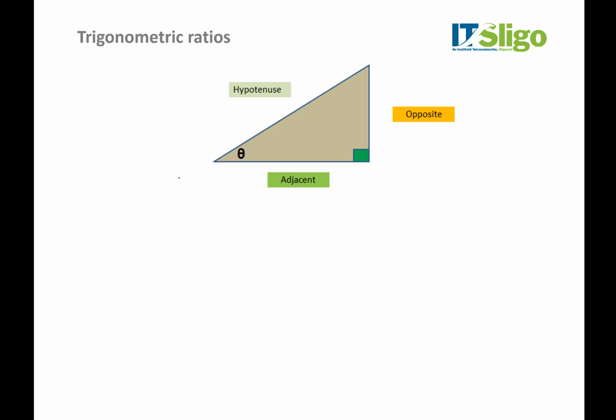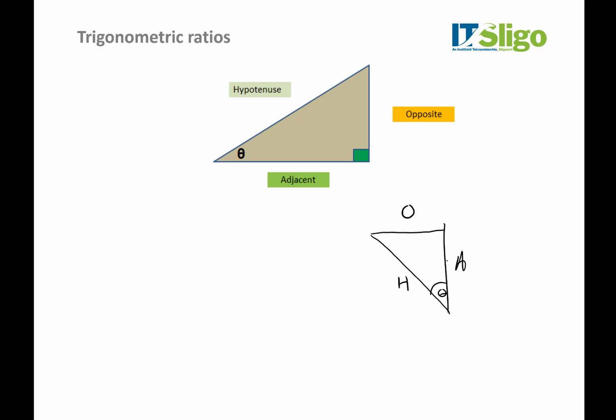So you always have to identify, in terms of the angle I'm looking at, what's my opposite, what's my adjacent, what's my hypotenuse. So if I drew a triangle like this, and here was theta, this is the hypotenuse, this is the opposite, and that's the adjacent.